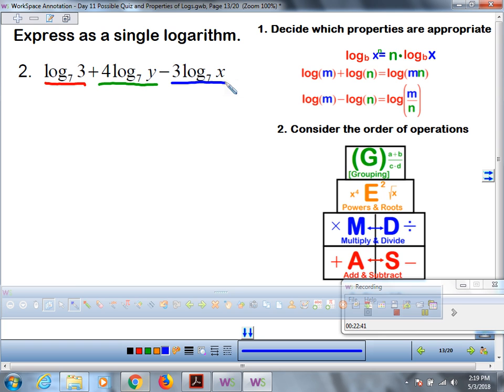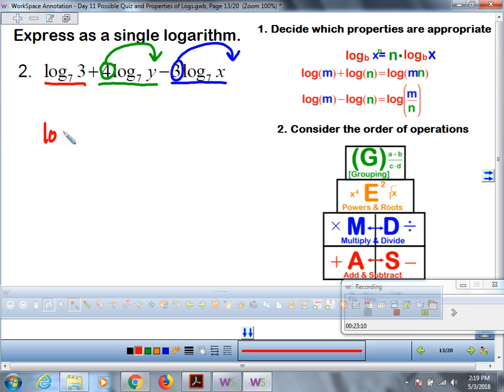This I can't do anything with. This I can. I can use the power property on it. Because it has a 4 out in front of the log, I can put that 4 as an exponent. And this one has a 3 out in front of the log, so I can make the 3 an exponent.